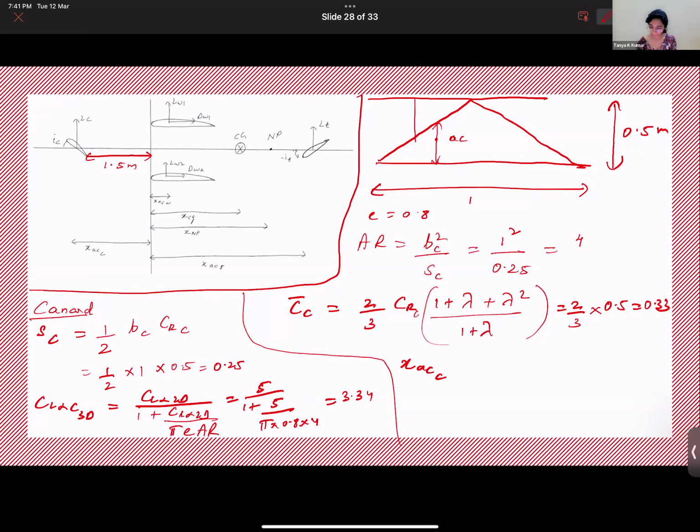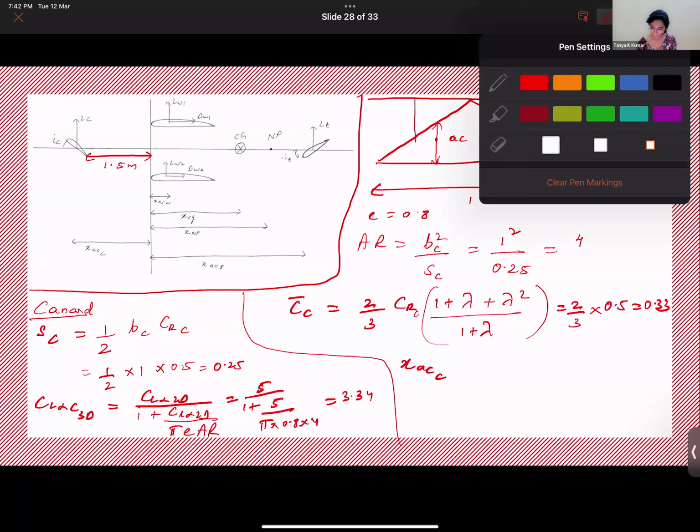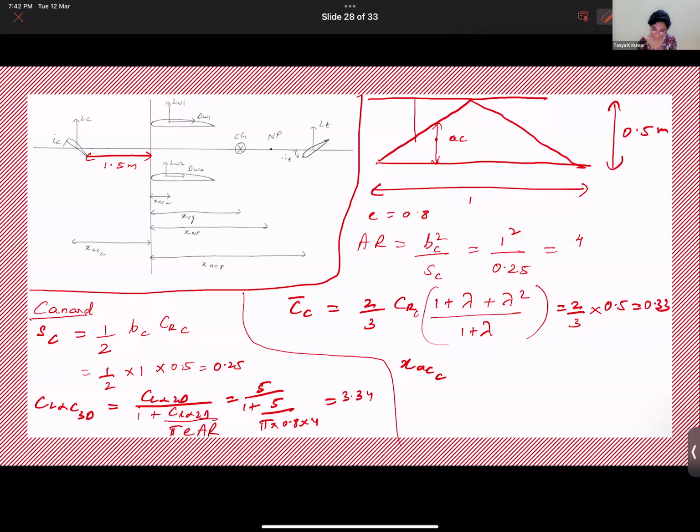Let's take another color. So we need to find out this distance in blue, which is XACC. How do you find that out?